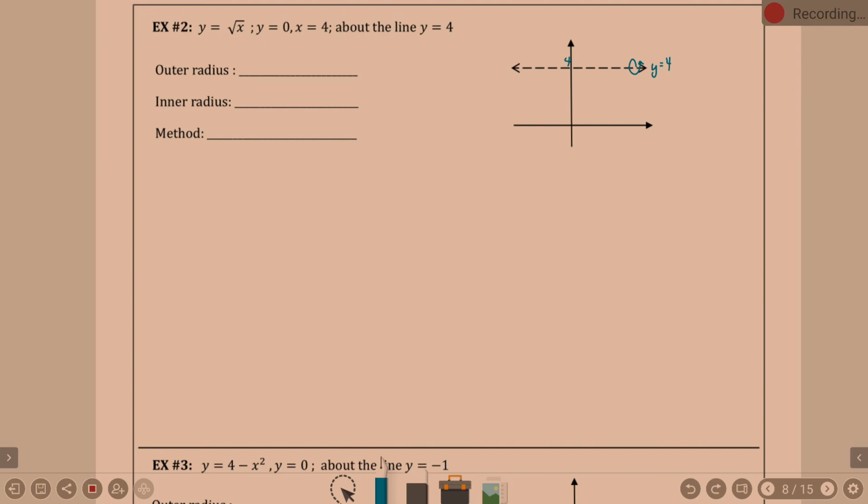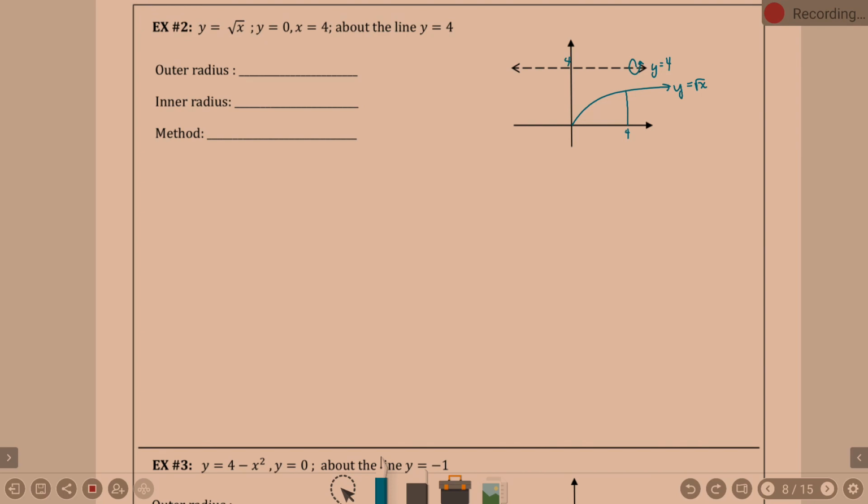So my graph is going to look something like that, right? There is my y equals square root of x. And then y equals 0 is the x-axis. X equals 4 is the vertical line, and the whole point of that vertical line is that's where we're stopping, right?